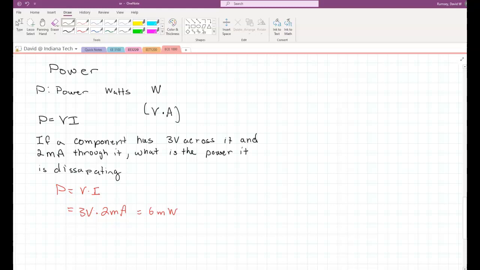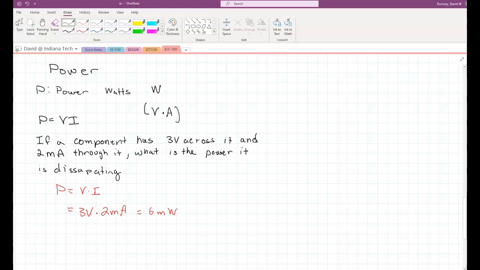But then the milli is still there. So that's one way to think of it being 6 milliwatts: the volt and the amp combine together, because you can think of all these units just as multiplying. So you have V times A times m, and then 2 times 3. The V and A give me the watts, and I'm still left with the m.